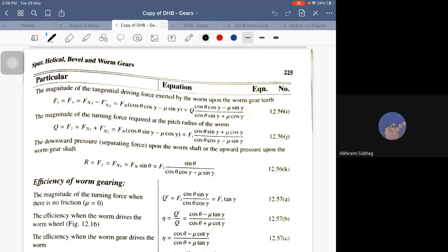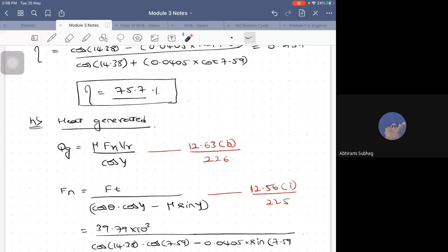See here it says Ft is equal to Fn times of cos theta cos gamma minus mu times of sin gamma, isn't it? So you require the value of Fn here. So Fn is equal to Ft divided by this whole thing. You can give the reference number as 12.56i. Take that particular equation there.